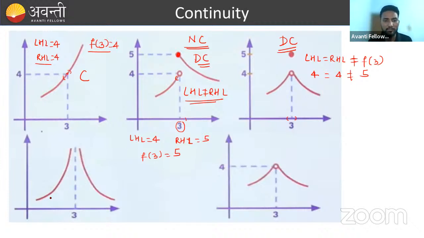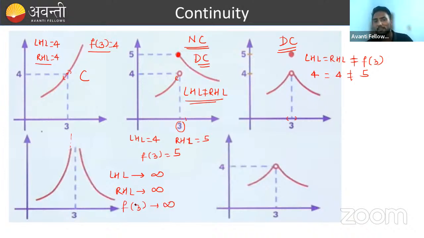Similarly, this one, what happened here? If we go LHL, you can see that this is going till infinity. So LHL is tending to infinity and RHL is also tending to infinity. And f of 3 is also tending to infinity.